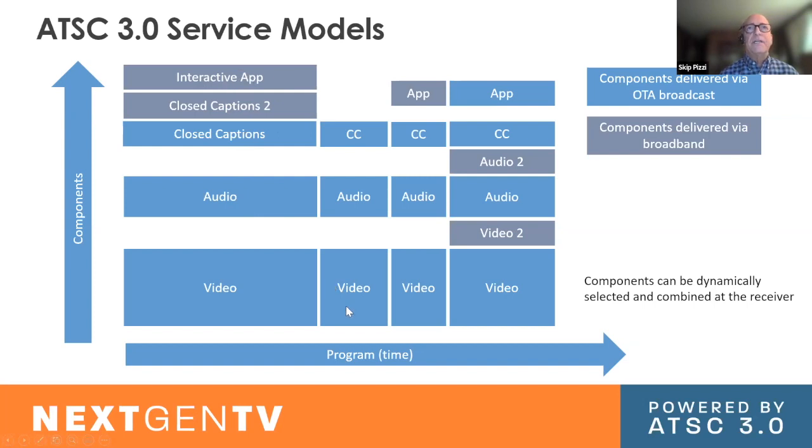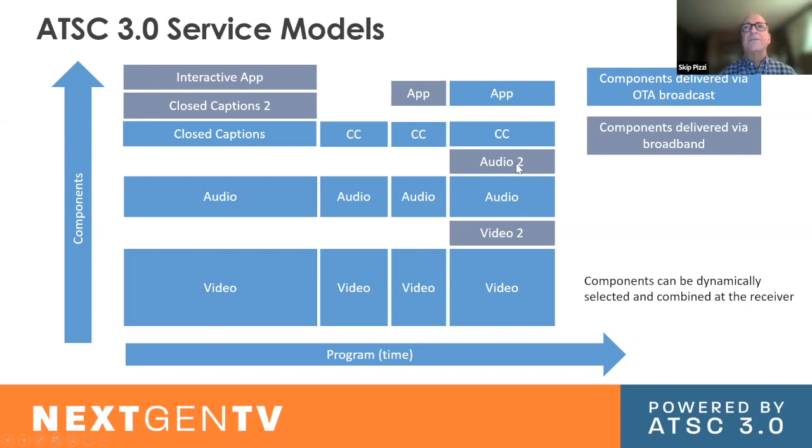And here's the next show comes along. It's just pure straight up AV and captions. The next one comes along. It's got an app. But then this next one that comes along has a second video option that's delivered over the internet. And that could be just an overlay that has additional content, stats, for example, on sports. A second audio channel, it could be home versus away announcer, or in a different language, English, Spanish.